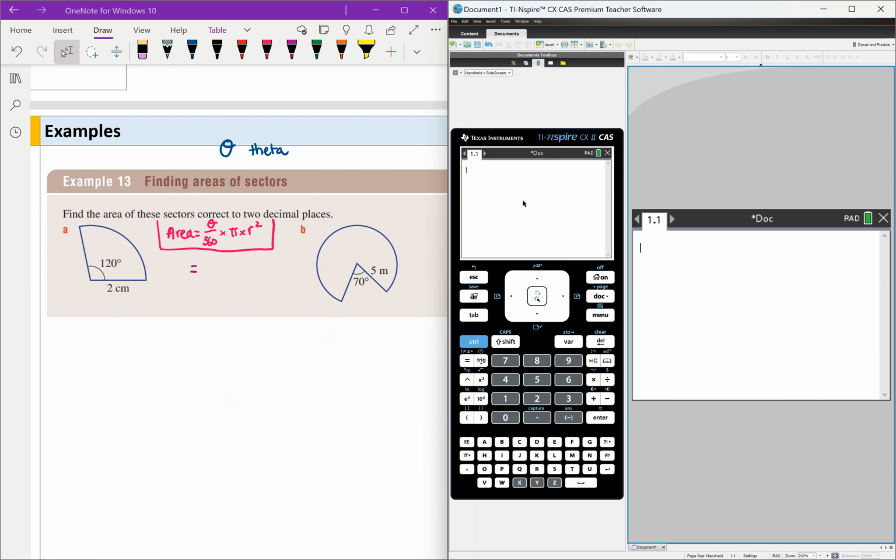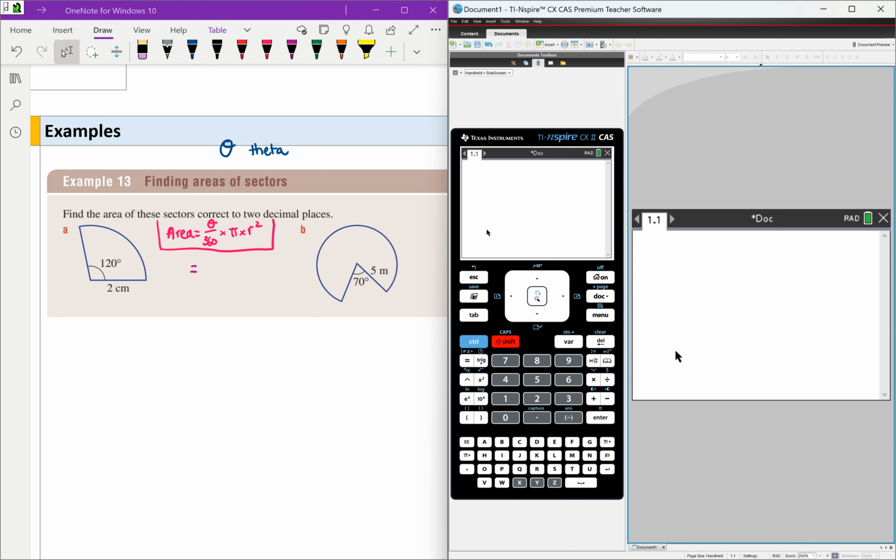All right, here we go. What was your answer for A? Example 13A. Let's go with middle row. Listening. Eyes and ears towards the board. Thank you. All right, middle row.